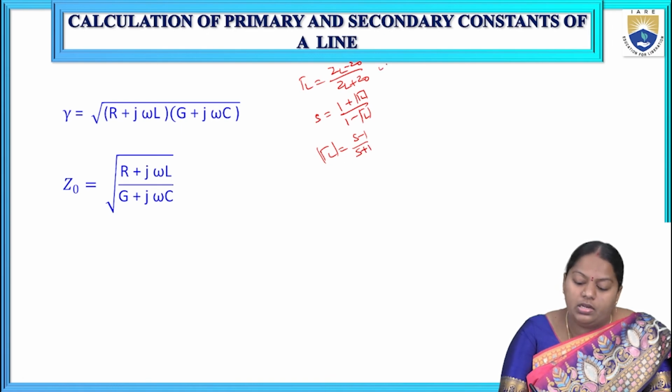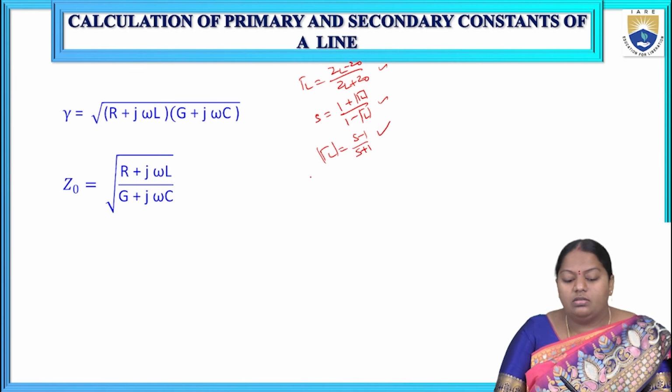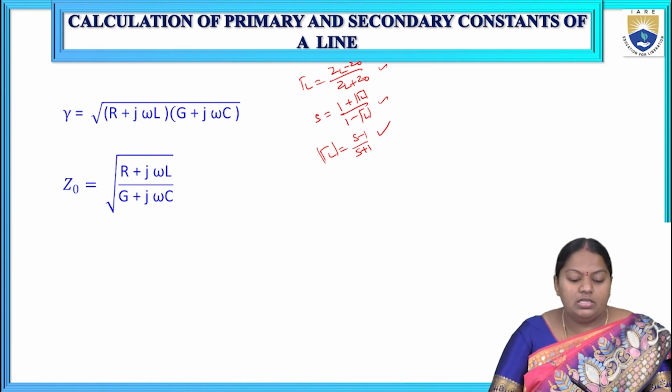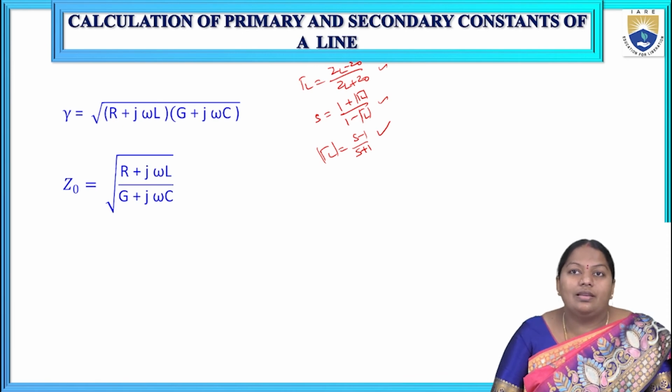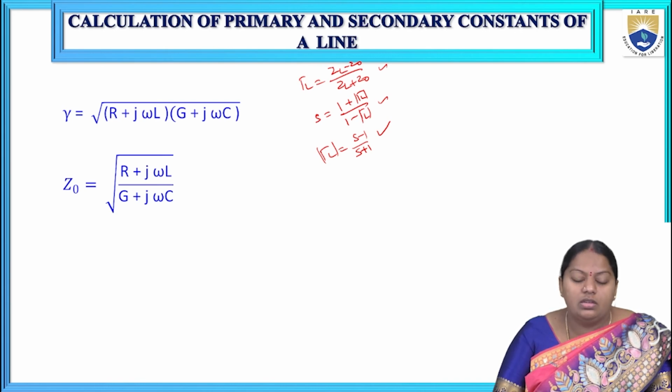Now these are the three relations we have learned till now. Now we are going to learn one more relation, where all the primary constants are expressed in terms of secondary constants. Now what are the primary constants and what are the secondary constants of a transmission line?